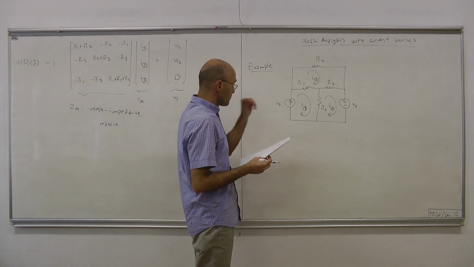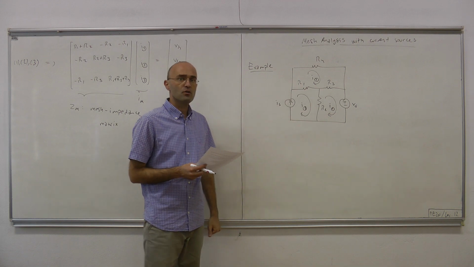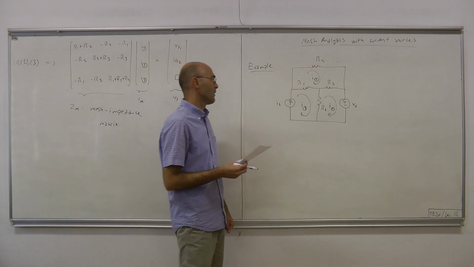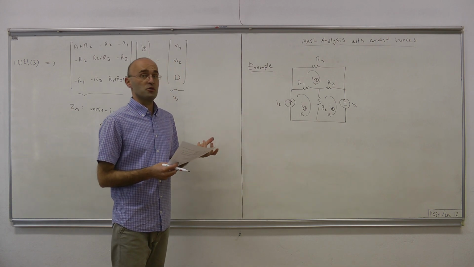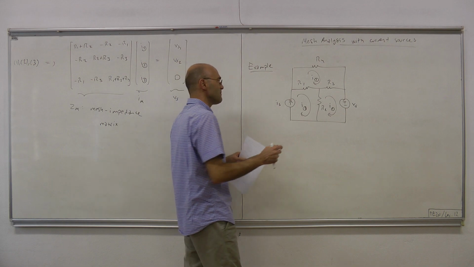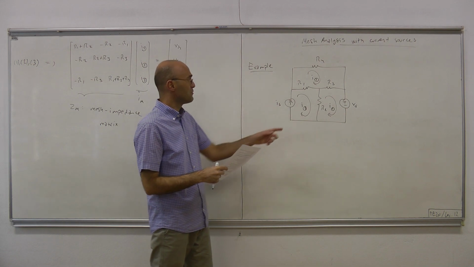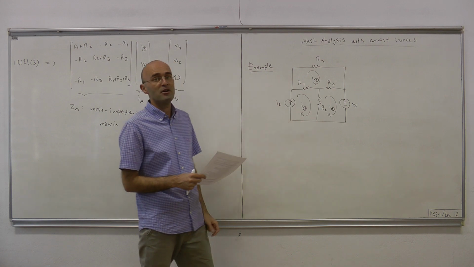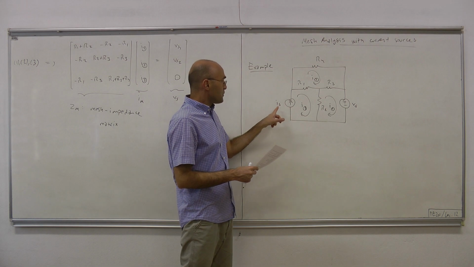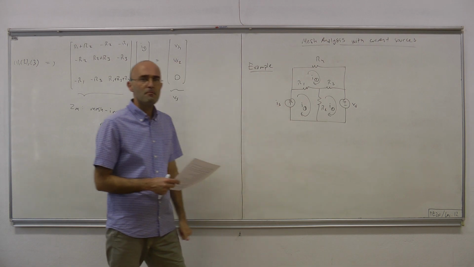Now, if you try to express the voltage of this current source in terms of mesh currents, it will not be directly possible. But then again, since this current source is between an inner mesh and outer mesh, not between 2 inner meshes, it directly gives us the knowledge about one of the mesh currents.